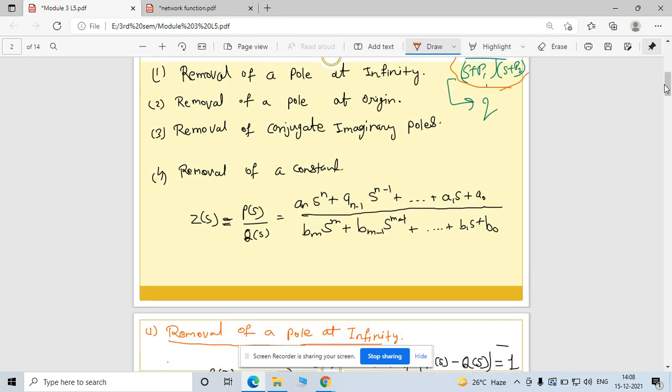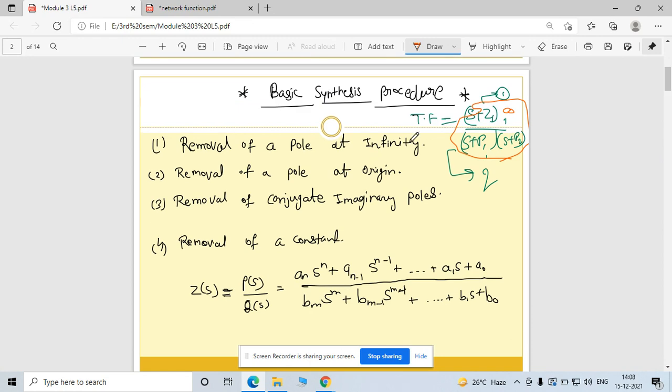Now in this case, you have to assume one pole is at infinity, right? It means here the function which is Z of s is given here.